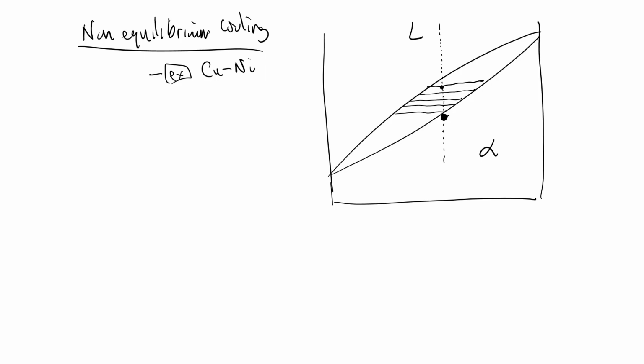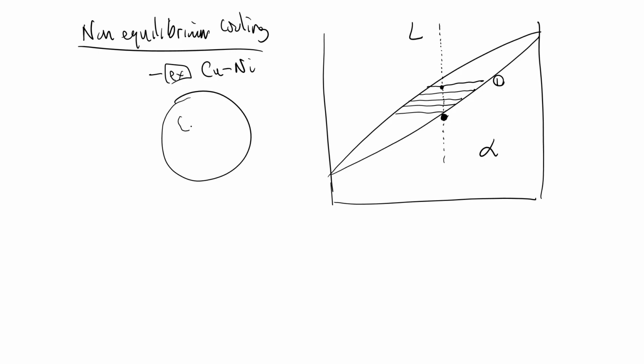But if I'm cooling really rapidly, take a look at those tie lines here. Let's say that I cool down to this tie line right here. So I rapidly cool down to this temperature that I've labeled 1. You can see that there is going to be a little bit of solid alpha and mainly liquid. So if I drew a picture, it would look like this.